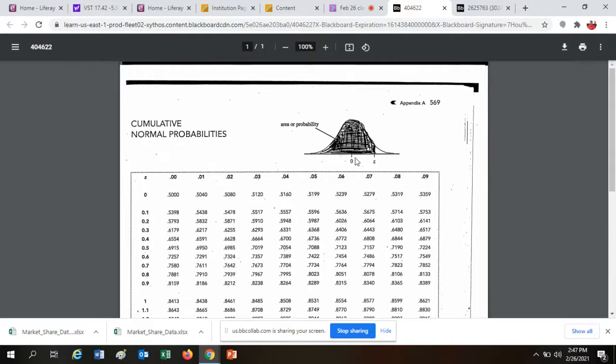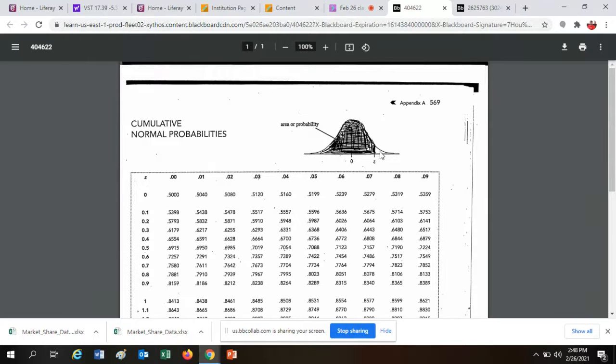So remember, if there is a mirror right at this point, an area from minus infinity to some number would be the same thing as that number to positive infinity on the other side of the mirror. So finding the area from minus infinity to a minus 1.96 is the same thing as finding the area from a positive 1.96 to positive infinity. It would be this non-shaded area right here.